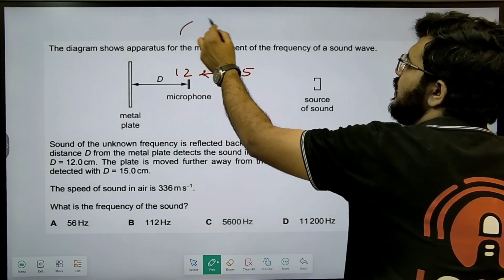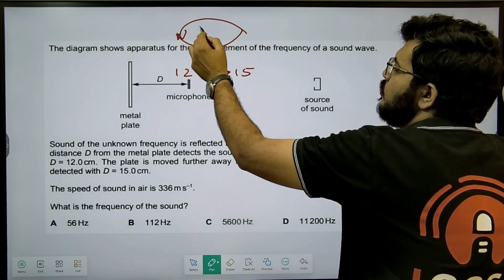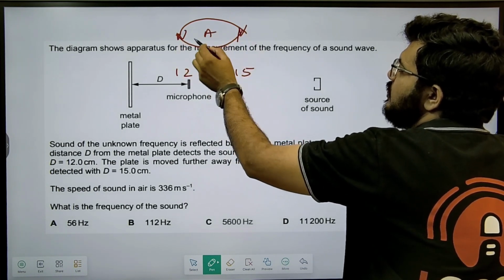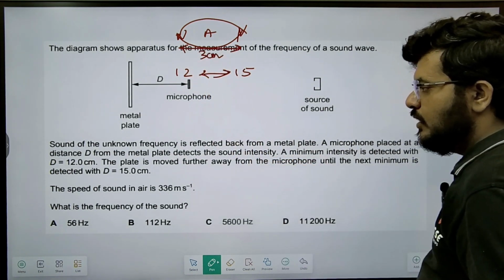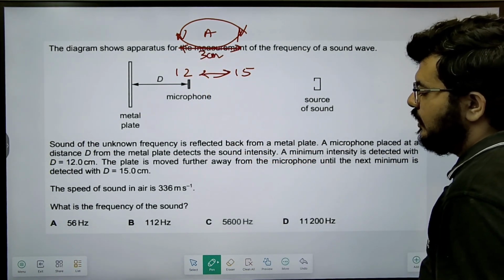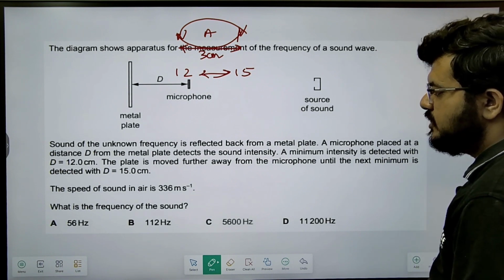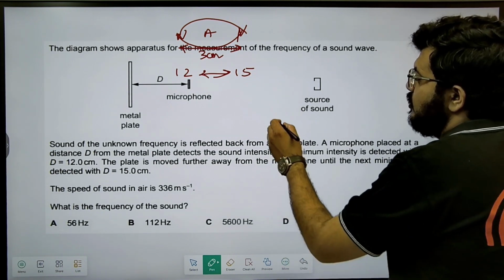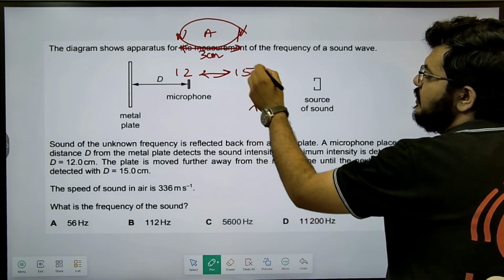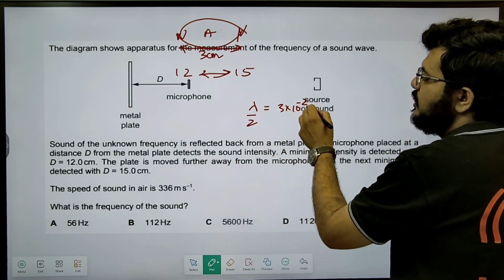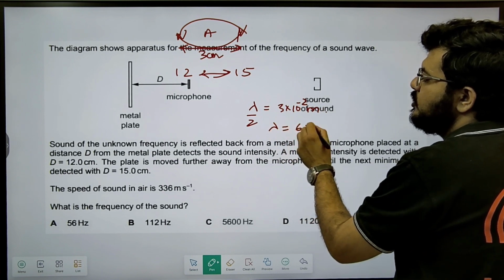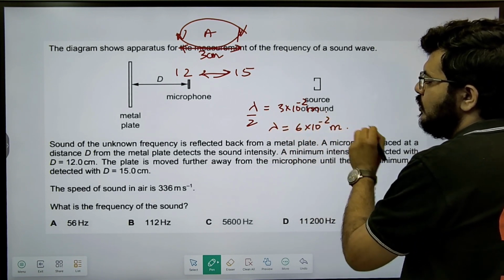So a minimum is detected when there are nodes. So node, antinode and node. This distance is 3 centimeters. The speed of wave in air is 336 meters per second. What is the frequency of sound? So lambda by 2 is 3 into 10 to the power minus 2 meter. I can say lambda is equal to 6 into 10 to the power minus 2 meter.